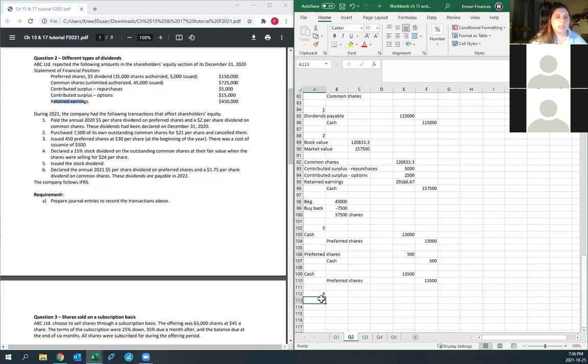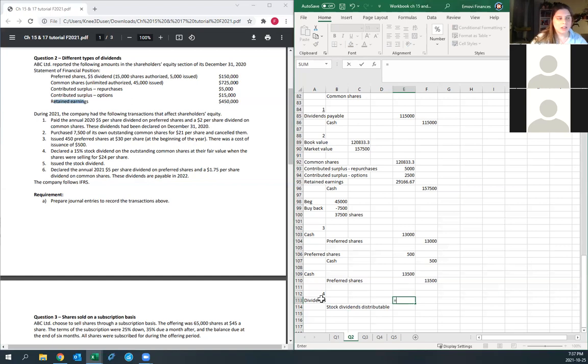What you're going to do is you're going to have your dividends, and did they pay it yet? No, so they're going to have the stock dividends distributable. So they didn't issue the shares yet. And that amount is going to be 24. No, sorry, I'm getting mixed up.